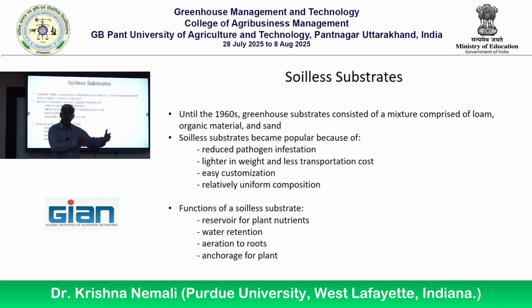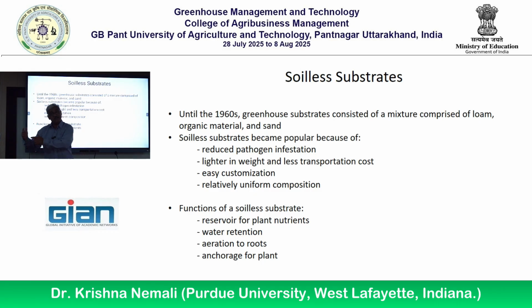This year, let's say you started with a medium that has 80% coir and 20% peat. The next year you would expect the same composition because you've already prepared your cultivation practices, and you know how to grow, how much nutrients to apply, how much water to apply. You learned all of that.